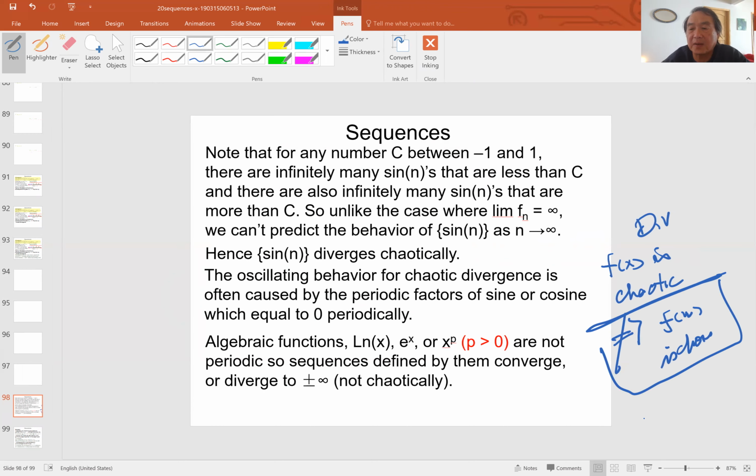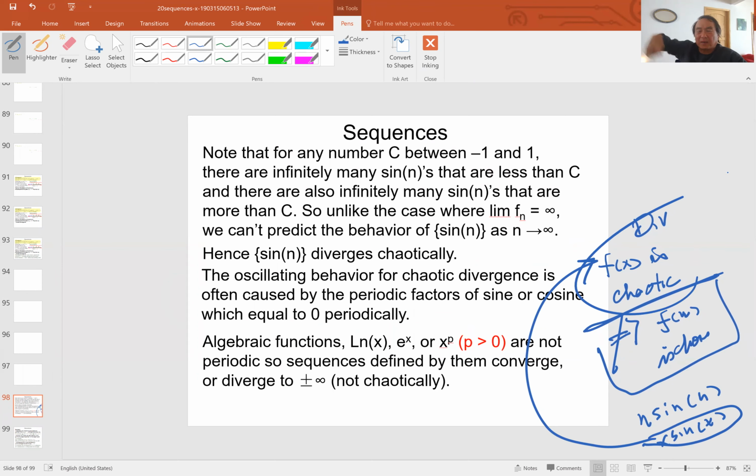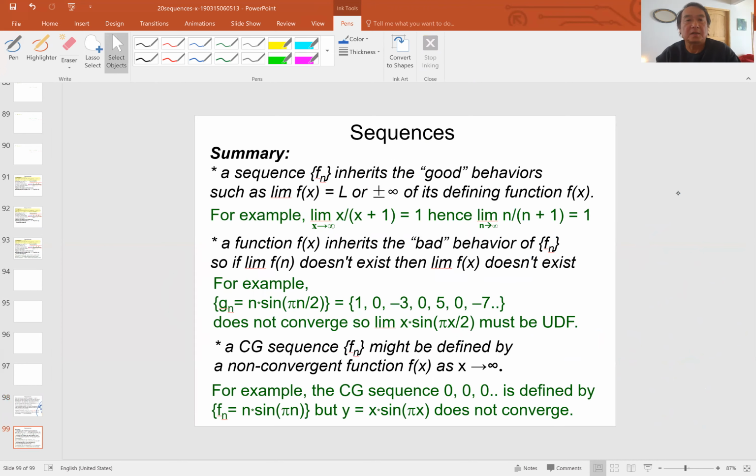Okay, that's where the example n times sine of n comes in. X times sine of x diverges, and diverges chaotically. It goes up and down. But n times sine of n pi, with the pi there, gives just zeros. So oscillating function formulas might give you a very nice sequence. Okay, and this is a summary, and that's it.